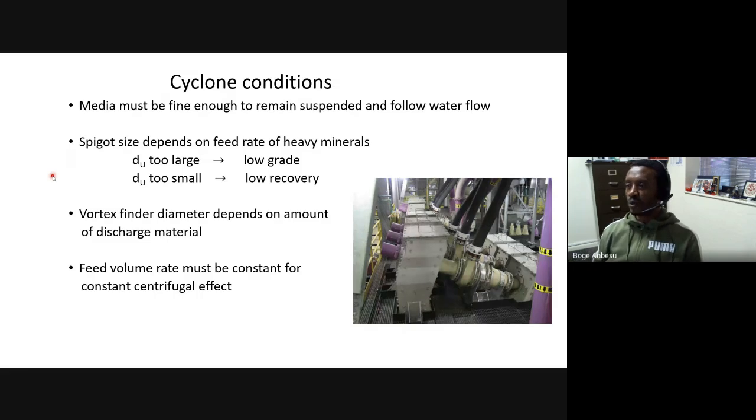And what we want to create is a media that's suitable for hydrocyclones, or in this case, dense media cyclones. It's possible that the media itself, if it's made from particles, could start separating into fine and large, or into dense and light.